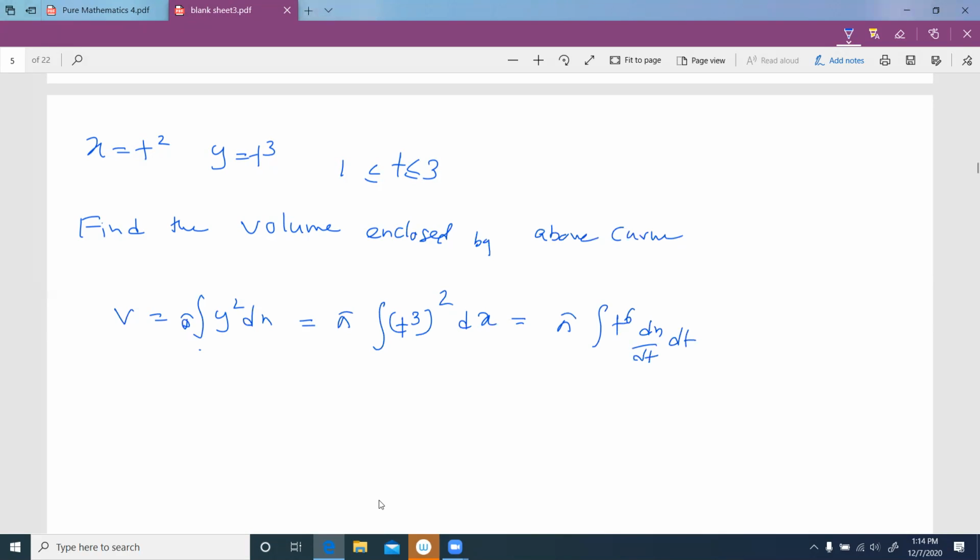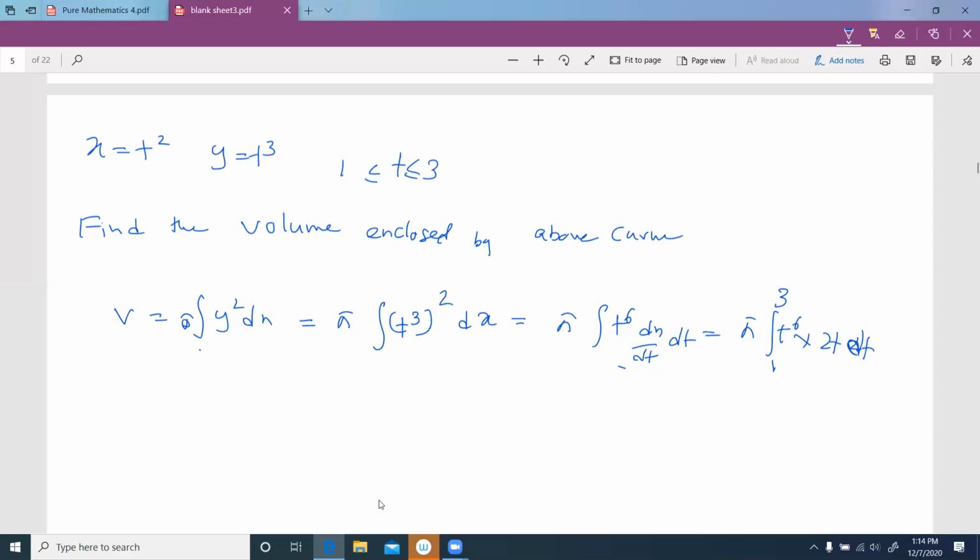So what do you get? It turns into pi t to the power 6 dx over dt. Here x equals t squared, so dx over dt becomes 2t, so 2t dt. Then you can put the boundaries, because the boundaries are given for t.